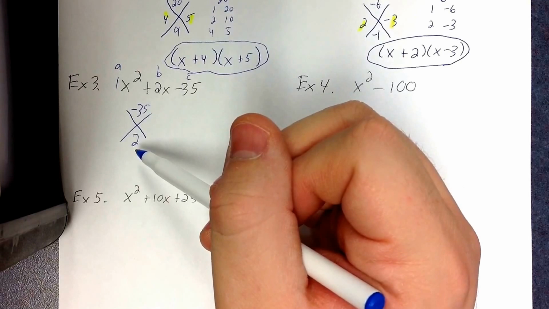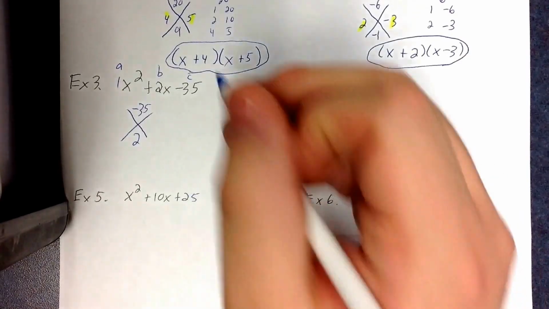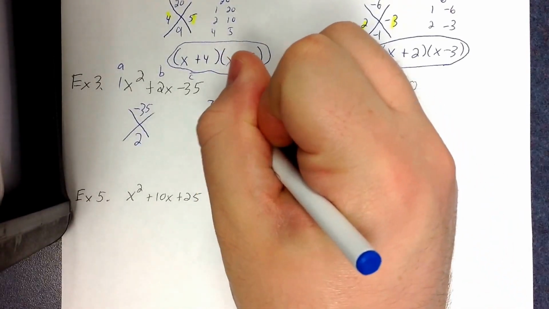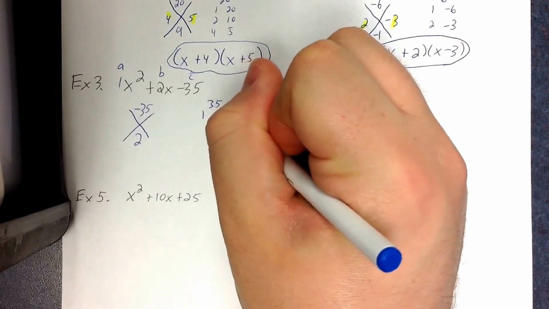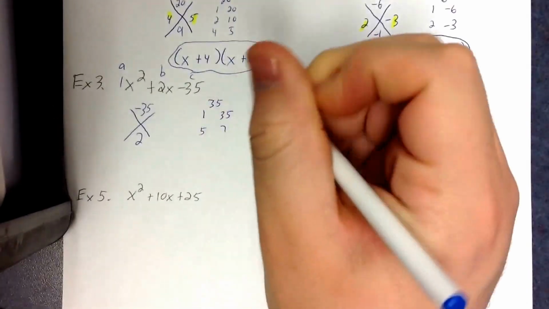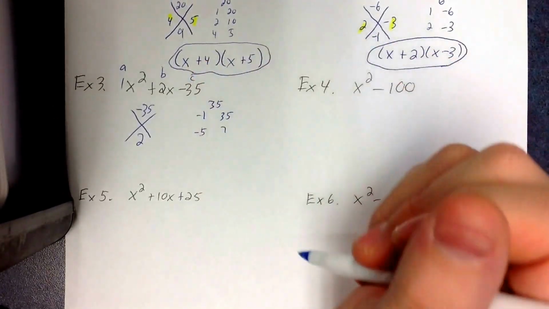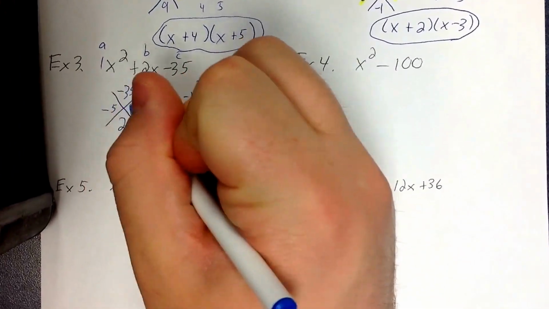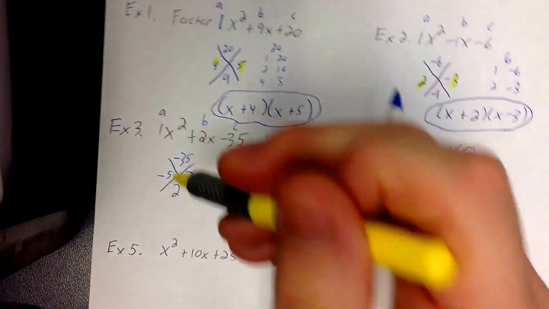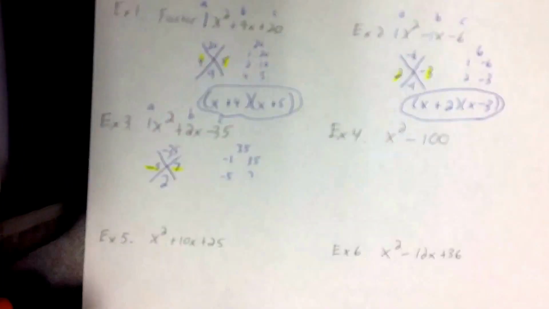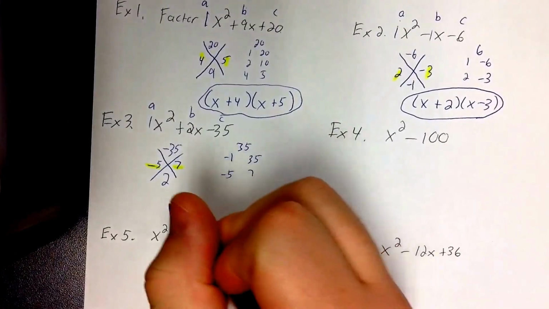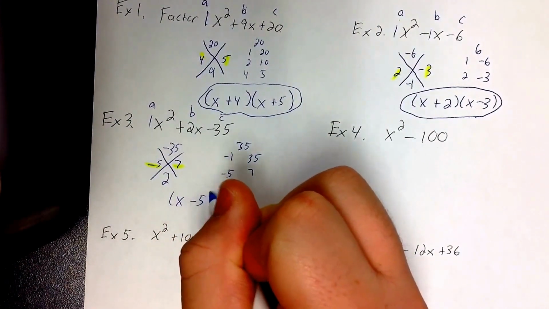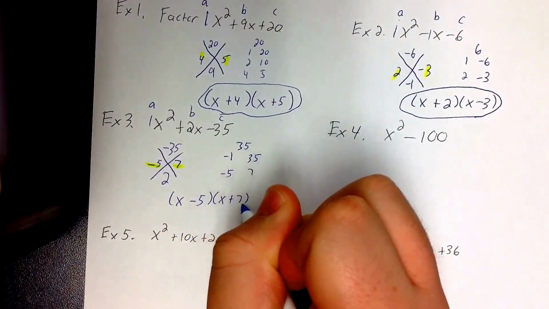So I know my signs are different, and I know the bigger number has to be positive. So what goes into 35? Well, we got 1 and 35 and 5 and 7. And again, I know the bigger number has to be positive. So that means negative 5 and 7 would be my two side numbers. So I have x minus 5 times x plus 7.